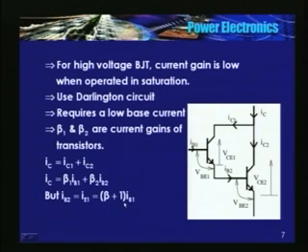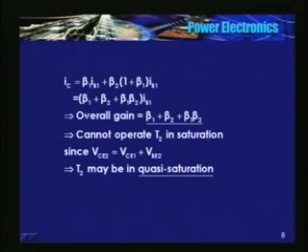Now, you substitute this value in this equation, what do you get? You will get (beta 1 plus beta 2 plus beta 1 beta 2) into IB1. So, the overall gain here is beta 1 plus beta 2 plus beta 1 into beta 2.